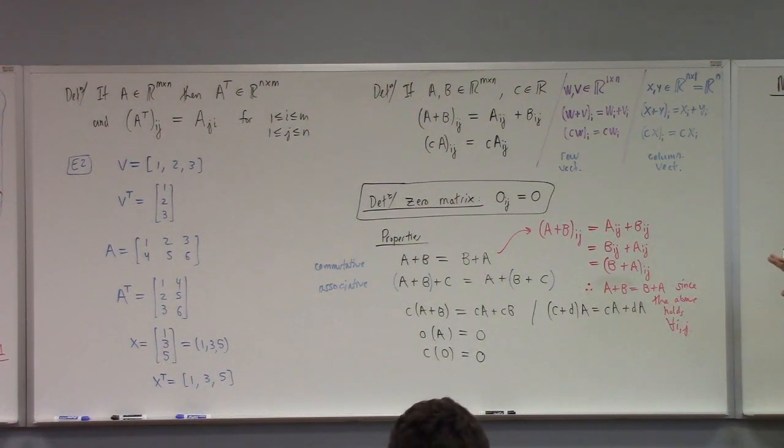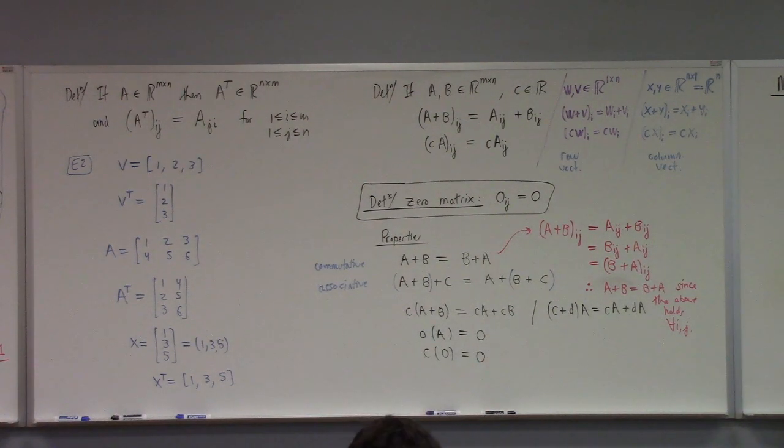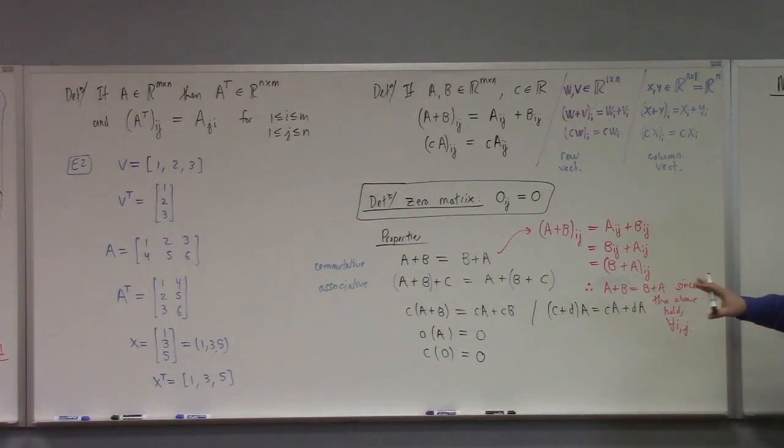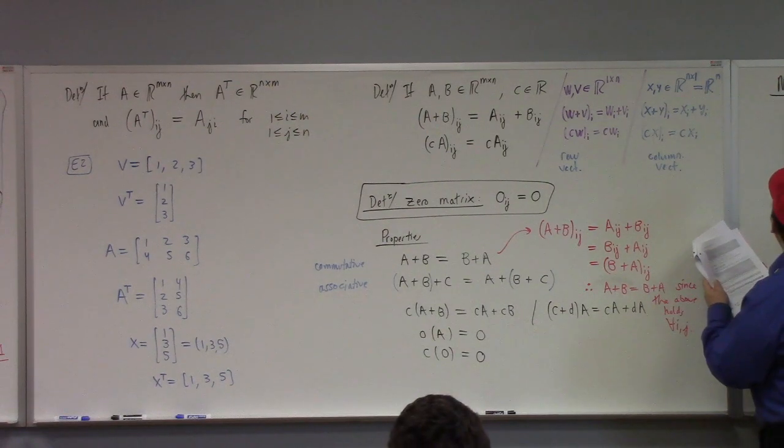In order to add these matrices, they had to have what? In order to even ask the question, can you add them? What do you need to have? They have to be what? Same size. So I didn't write that on the board, but it should be understood. That's the one thing I really should have emphasized, is in order to add matrices, they must be the same size. Matrix multiplication, a little bit more fussy. So here's the definition.